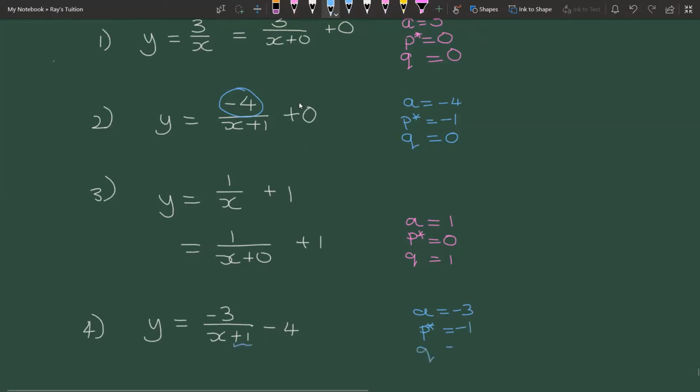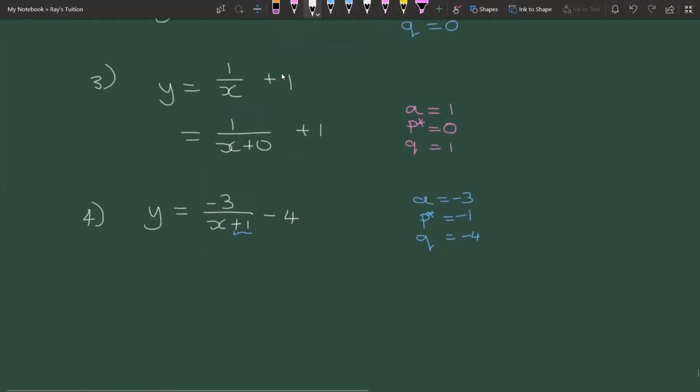And q is negative 4. And the last one, y is equal to 2 over x plus 2 plus 5. Our a is equal to 2. Our p star is equal to negative 2. And finally, our q is equal to 5.